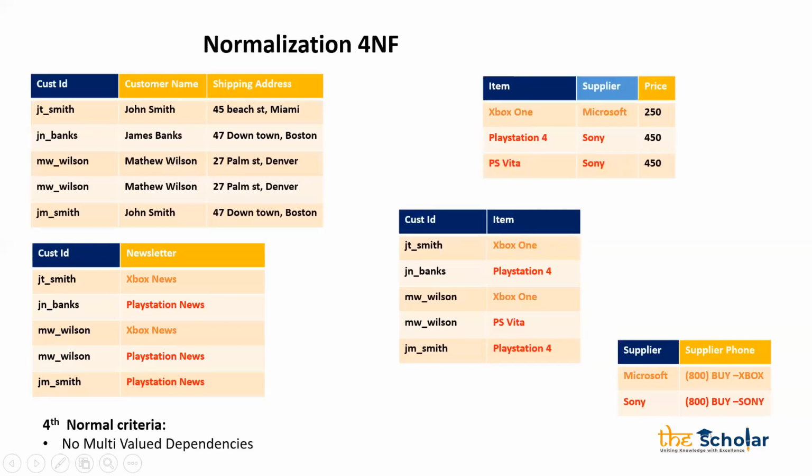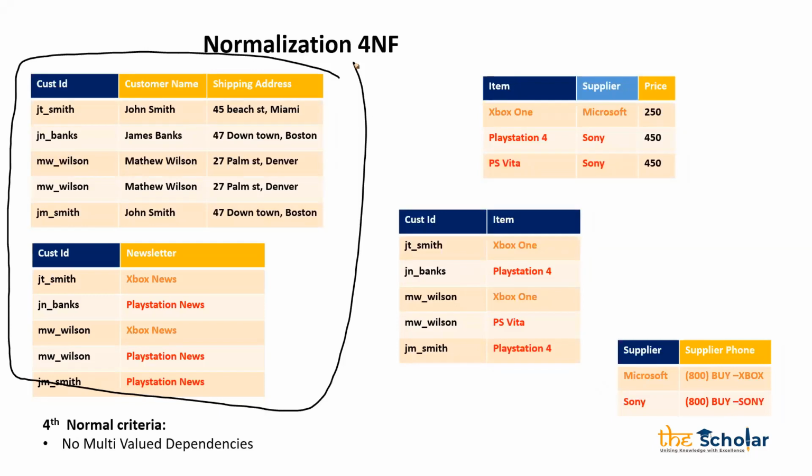what I did here is that we are again breaking this table into two tables. I have customer ID as a primary key, customer ID as a primary key. From here, I removed this newsletter column and put it together. Now, what is the benefit of this? The benefit is this. For example, let's say tomorrow MW Wilson says that I don't want the PlayStation newsletter.